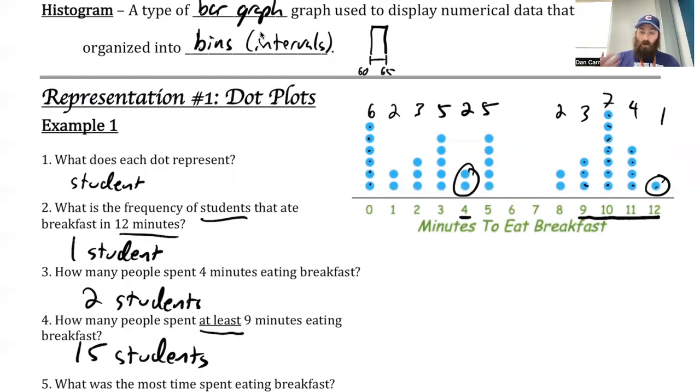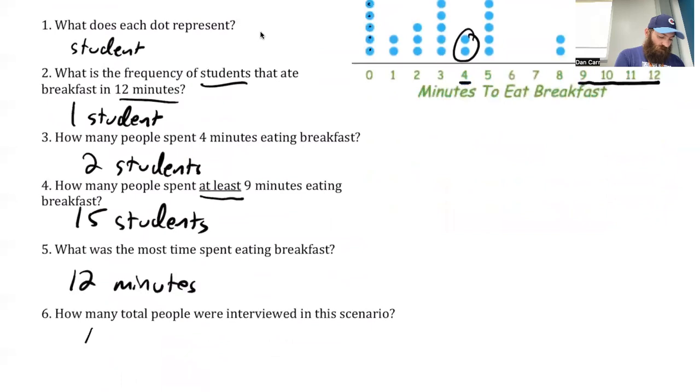And that's going to be our total number of students that were a part of this. So we got 6 and 2 is 8, 3 is 11, 5 is 16, that's 18, 23, 25, 28, 35, 39, 40. There were 40 total students.